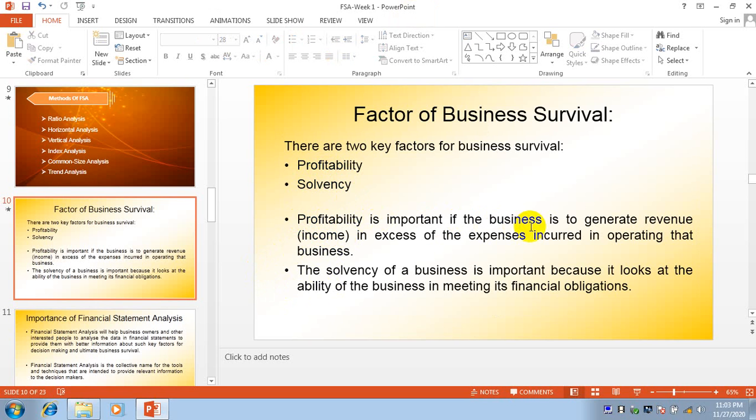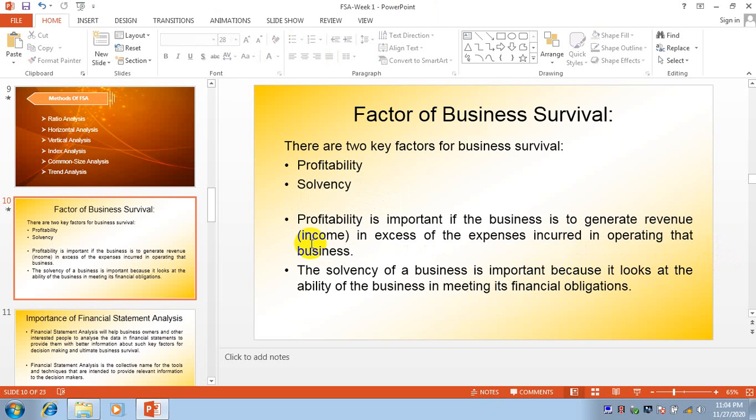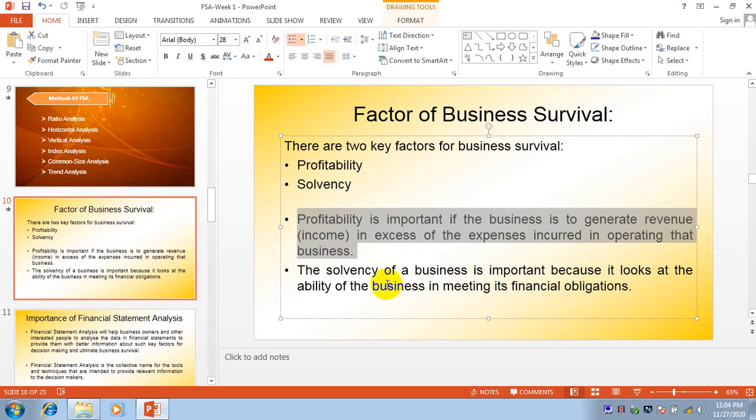Profitability is important if the business is to generate revenues in excess of the expenses incurred in operating that business. So if your revenues are high and your expenses are less, this shows that your business is profitable, and it is very important for the survival of the business.